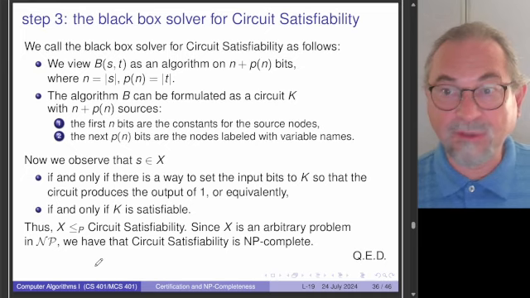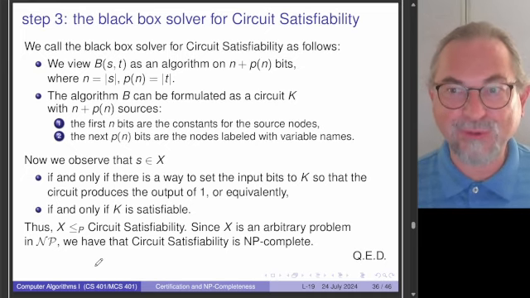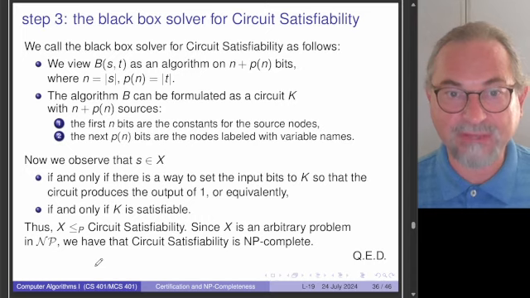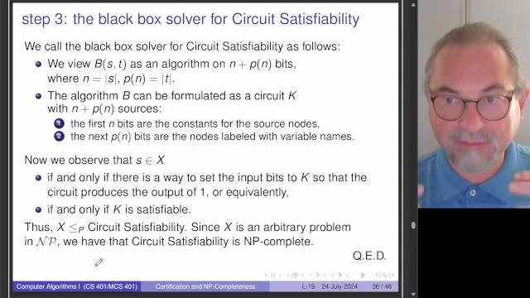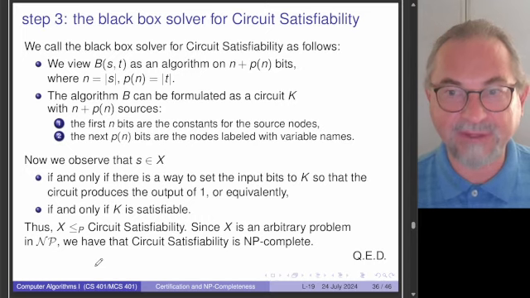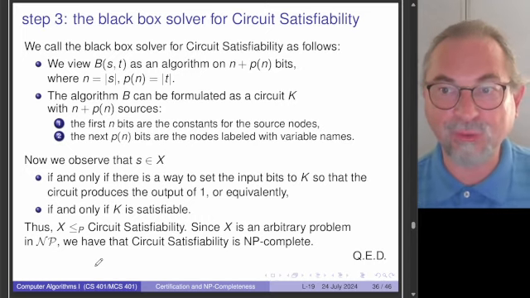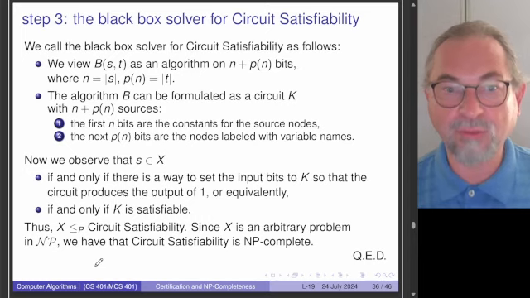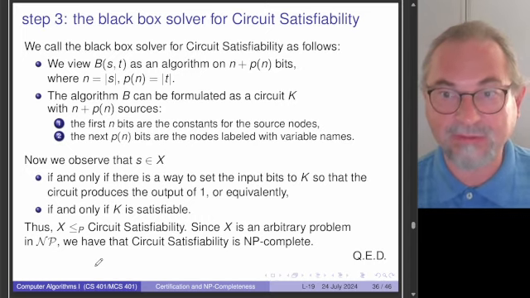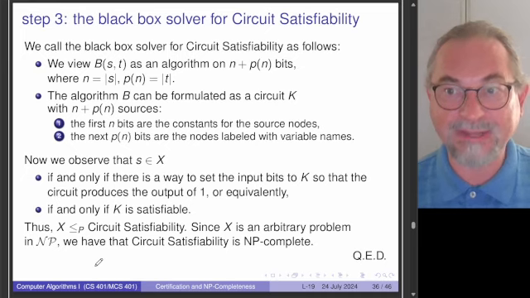We don't really know what the black box is for our circuit satisfiability, but the main point is that every arbitrary problem can be reduced in polynomial time to the circuit satisfiability problem. That just means that the circuit satisfiability problem is NP complete. And that is the end of the proof of our main theorem.